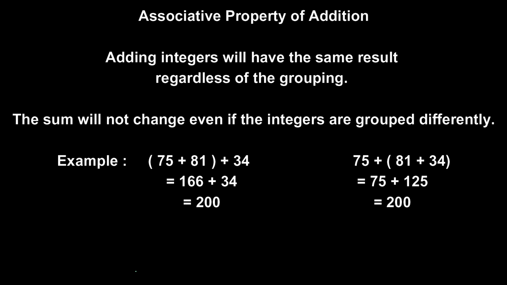So 81 plus 34 gives me the answer 115, and 115 plus 75 gives me the answer 200. So we can see that by grouping two different numbers, we are getting the same answer. This says that the associative property for addition is applicable.